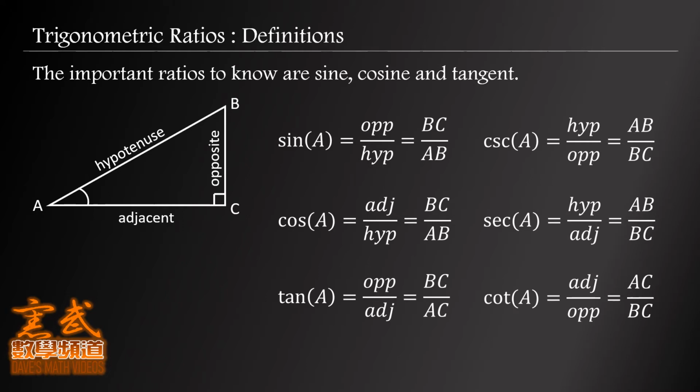And the cotangent of A, which is the adjacent over the opposite side, or AC over BC. Notice that the secant of A is the reciprocal of the cosine, and the cotangent of A is the reciprocal of the tangent.